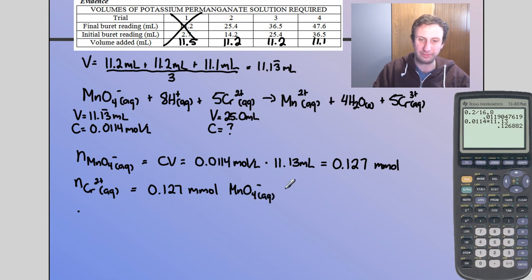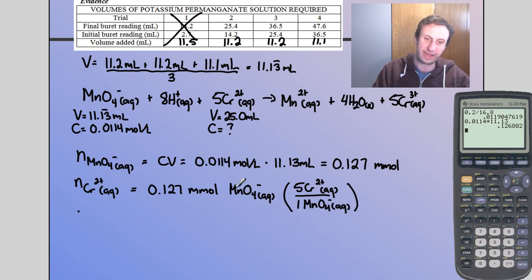So MnO4 minus aqueous. That is going to be 5 chromiums on the top, that's what I'm looking for, over what I have, which is 1 permanganate, 1 MnO4 minus aqueous. So I have 5 over 1, which means that this is going to cancel out with this. So what I'm doing in my calculator is multiplying this by 5, and I end up with an answer equal to 0.634 millimoles.